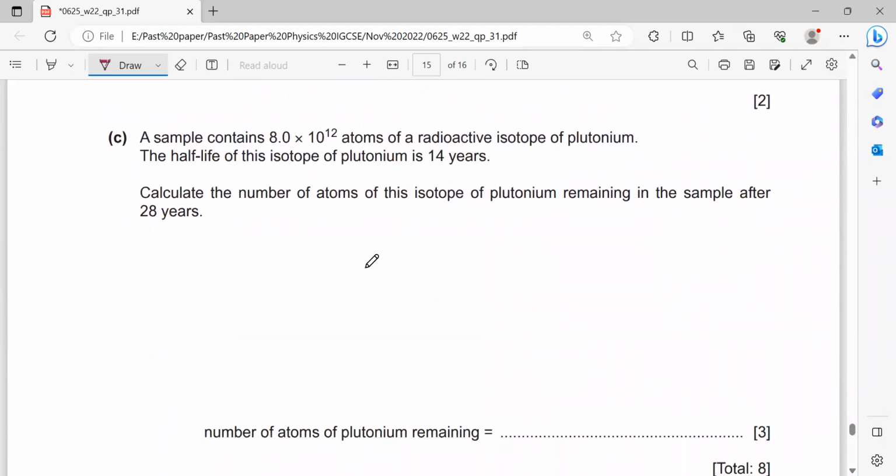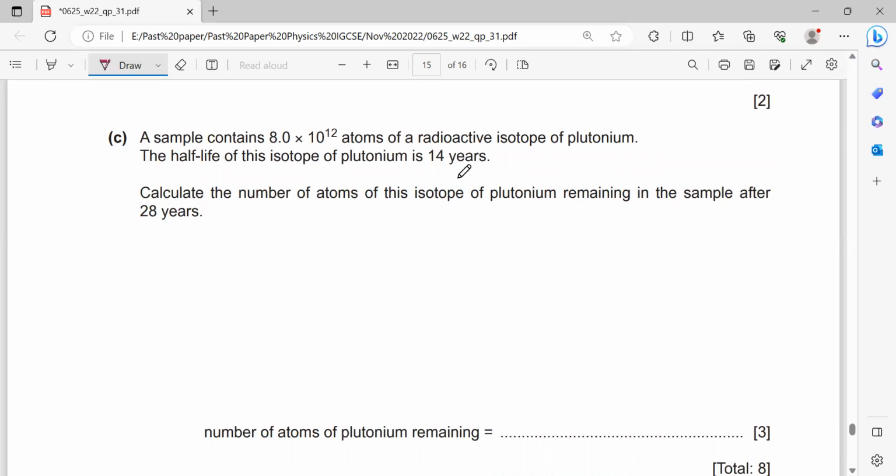A sample contains 8 times 10 to the power 12 atoms of a radioactive isotope of plutonium. The half-life of this isotope of plutonium is 14 years. Calculate the number of atoms of this isotope remaining in the sample after 28 years.